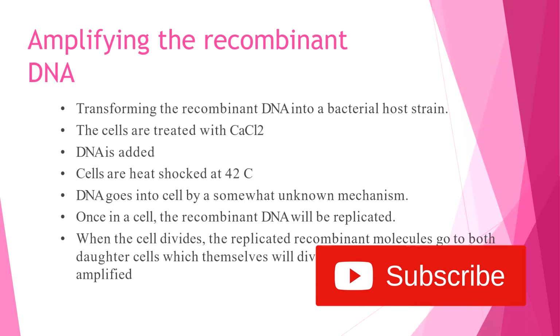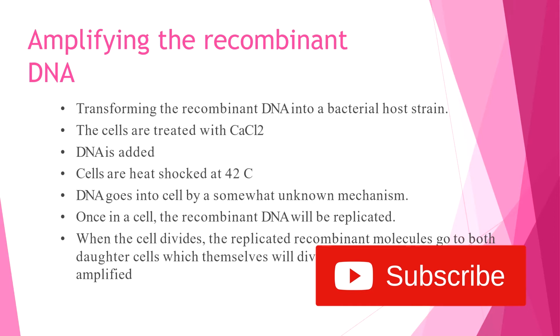Because bacteria have a very short life cycle. They can multiply in large numbers in a very short time. So once we insert our plasmid chimera or recombinant DNA into a bacterium, it will multiply in a very short time, so that we can get large numbers of recombinant DNA.